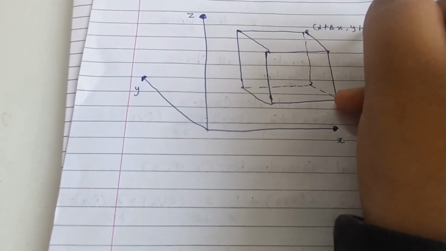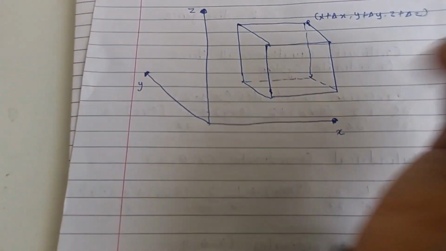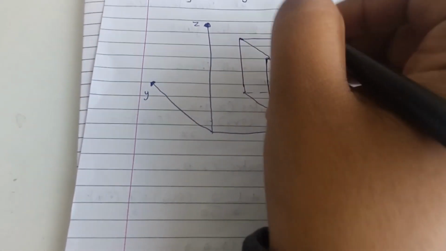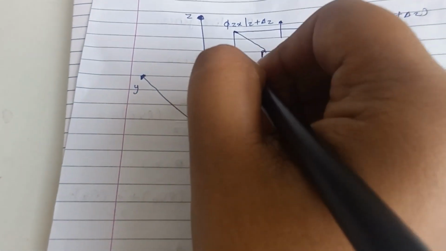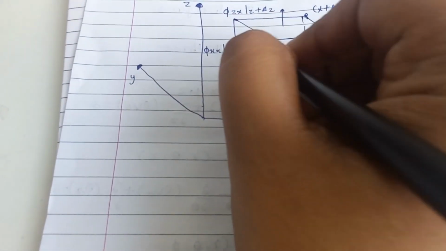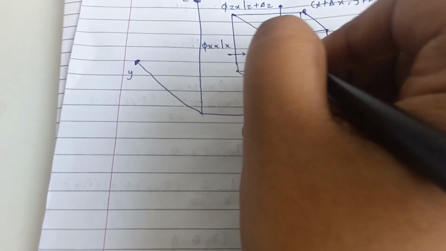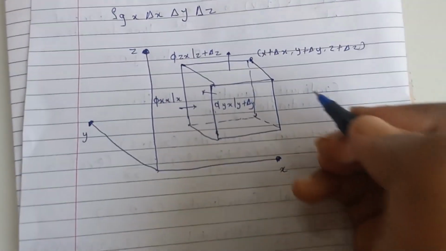Here we are mentioning the coordinates at each corner of the cube, that is x plus del x comma y plus del y comma z plus del z. As I already mentioned, z plus del z is going out, and z is coming in.